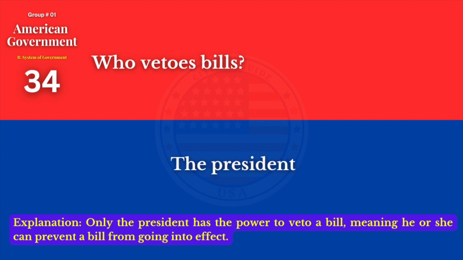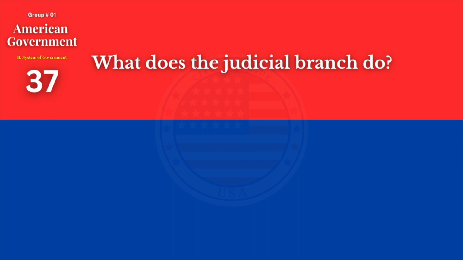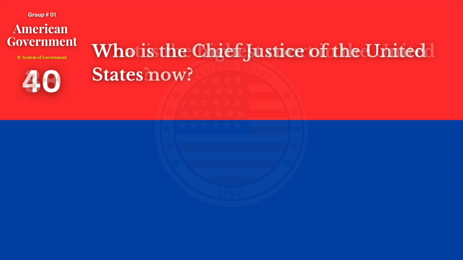The President. What does the judicial branch do? Reviews laws. Who is the Chief Justice of the United States now? John Roberts.